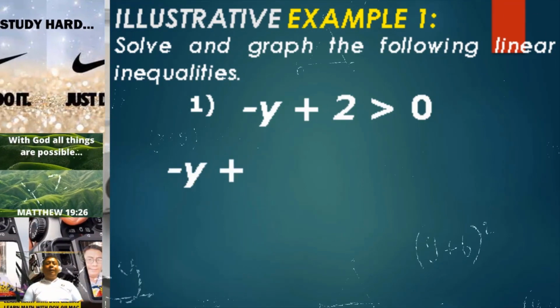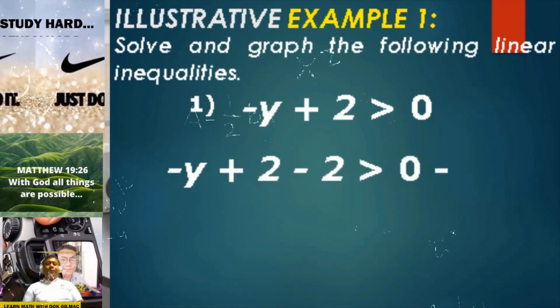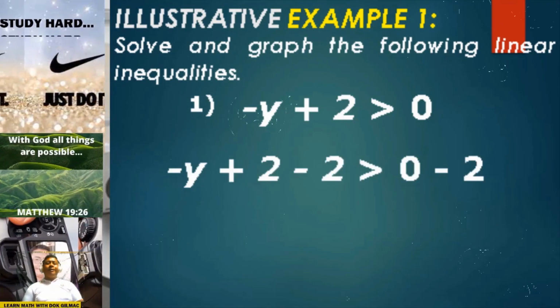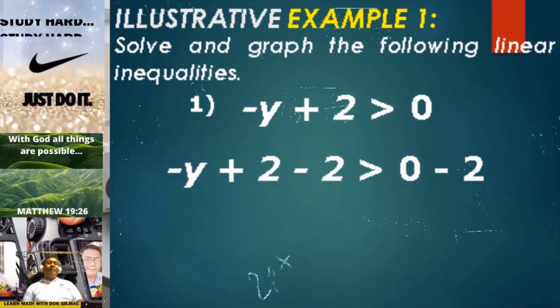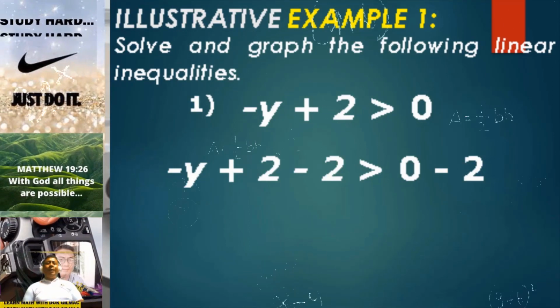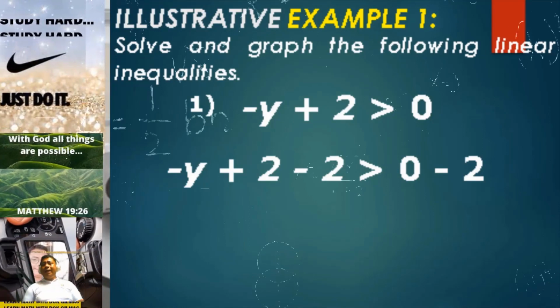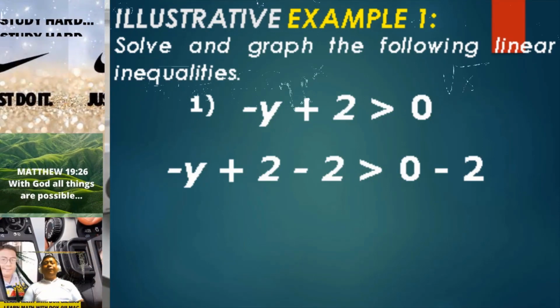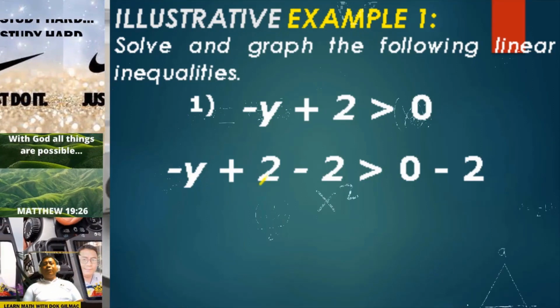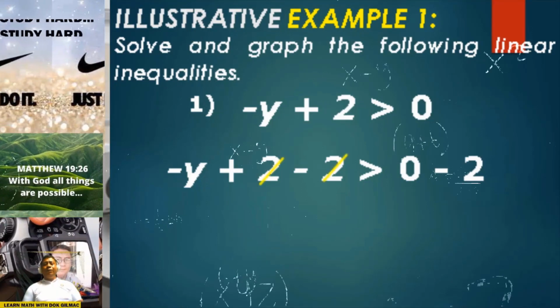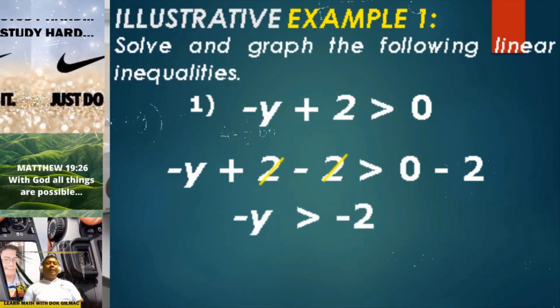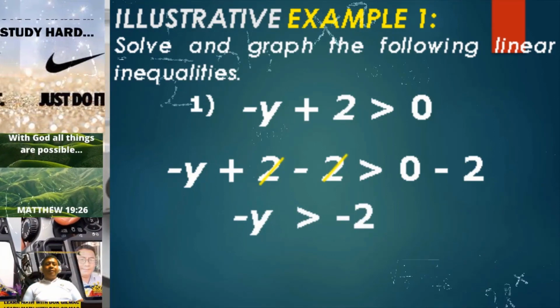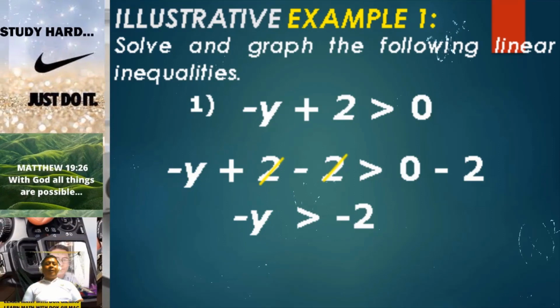So we have negative y plus 2 minus 2 is greater than 0 minus 2. From here, we can simply cancel 2 and negative 2 since they are additive inverse. Cancel out 2 and negative 2. So we have negative y is greater than negative 2 since 0 minus 2 is negative 2.